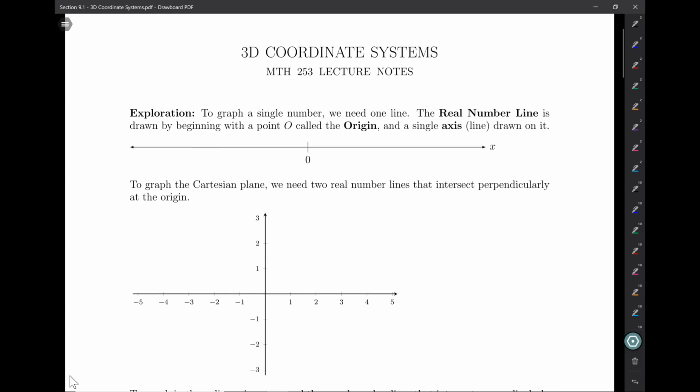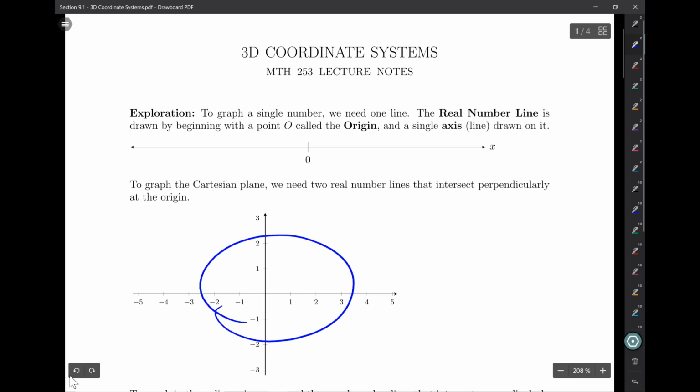So let's start out with the very beginning, I guess you could say, thinking about one dimension. If we were to graph a single number, we would just need one line, and that is the real number line. We work with number lines sometimes, but we've gotten to the point where we generally look at the two-dimensional coordinate system the most often.